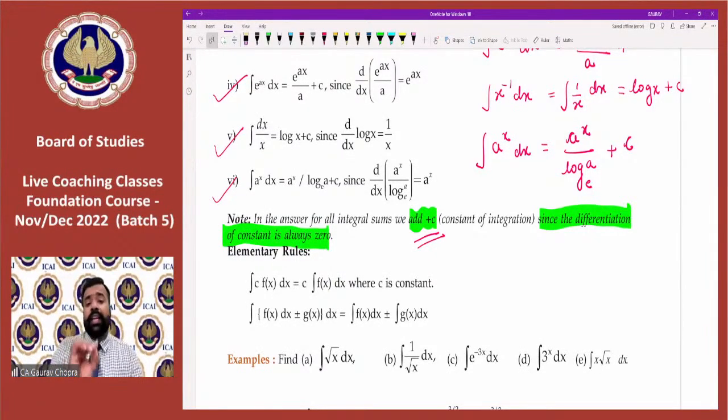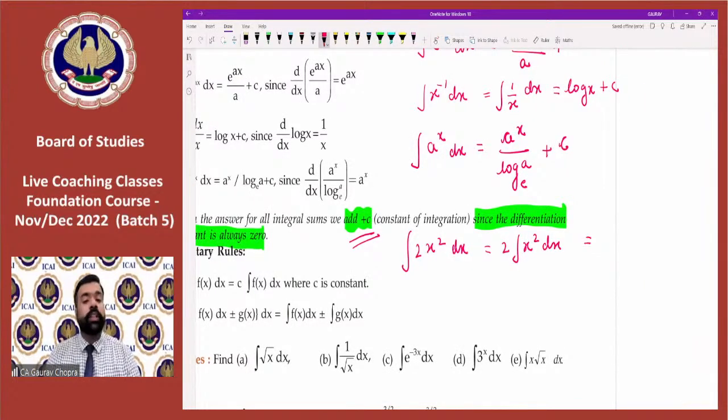If any constant is getting multiplied with all these, then what will happen? For example, if we say it is 2 times x square, and we have to integrate this. Whenever such a constant is there, keep the constant outside, because it will remain as it is. Now we have to integrate x square dx. What is the integration of this?